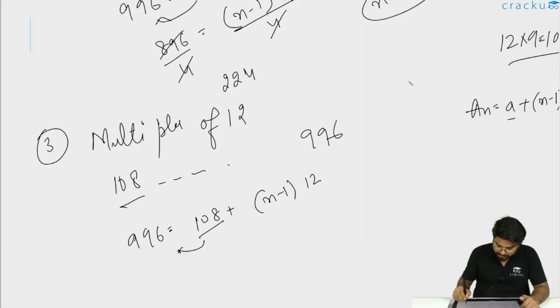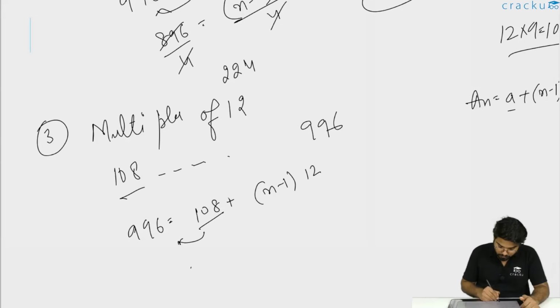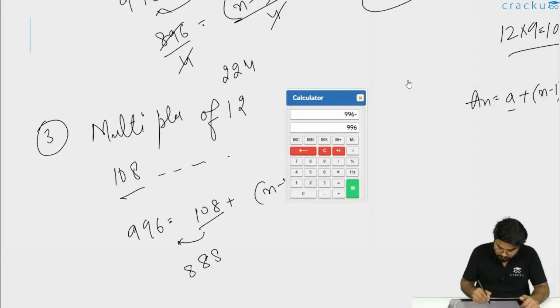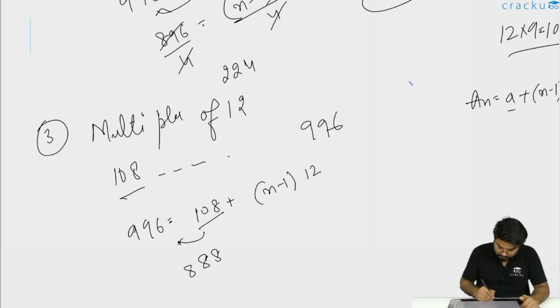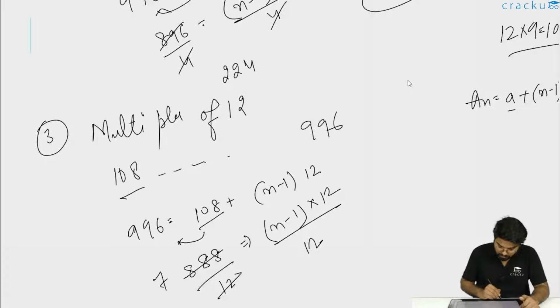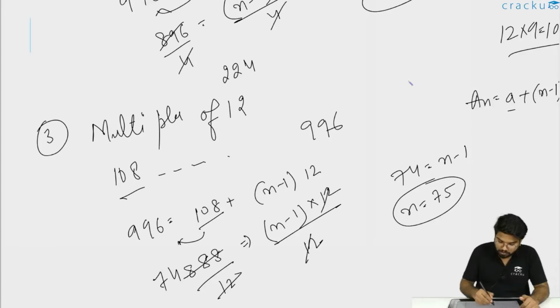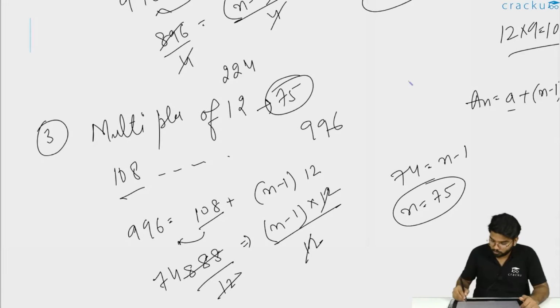If we subtract 108, it will be 888, which is equal to (n minus 1) into 12. Dividing both sides by 12, this will cancel out. So 74 is equal to n minus 1, or n is equal to 75. So there are 75 numbers which are divisible by 12.